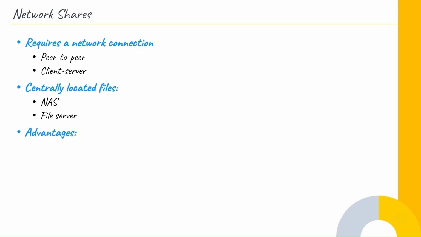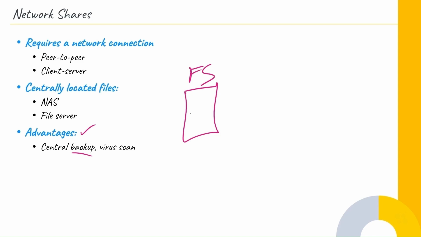Now, there's some other advantages to using a network share, especially in a file server environment. You're going to have centralized backup. So once again, if I redraw my file server here, it's going to have a bunch of files and a bunch of folders in here with files in them, of course. And I can take that entire file server and back it up to some backup solution.